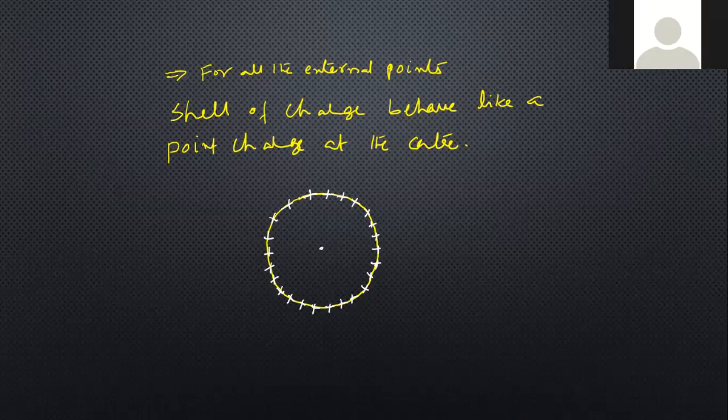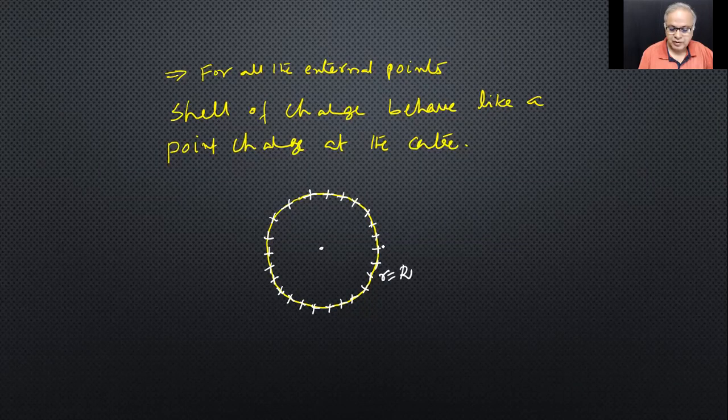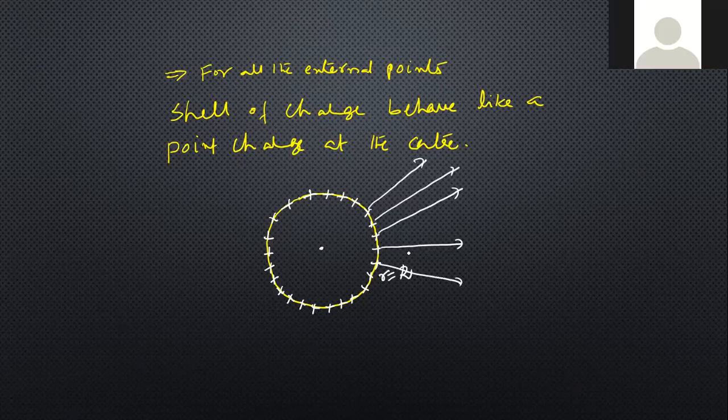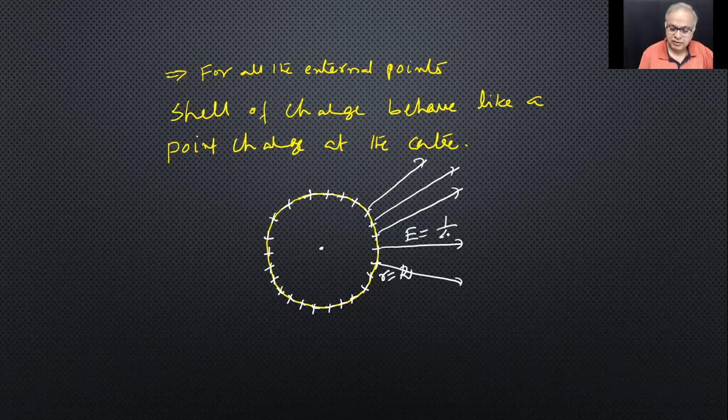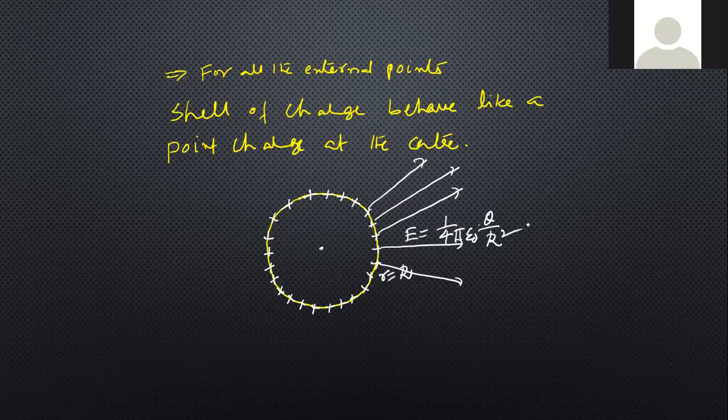So simply I can put the previous result at r equals R. All these lines are there, children, the lines of E. At r equals R, I'll get E equals 1 by 4 pi epsilon 0 Q by R square, capital R square.